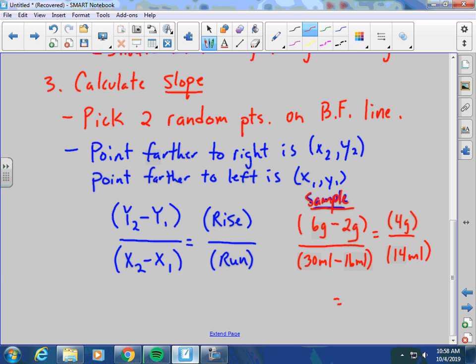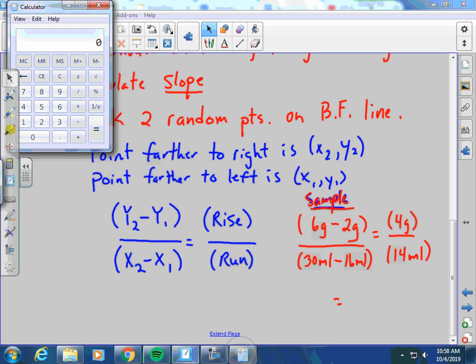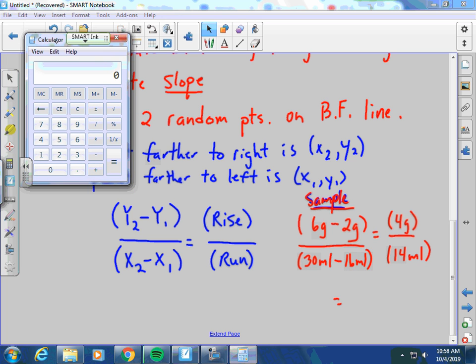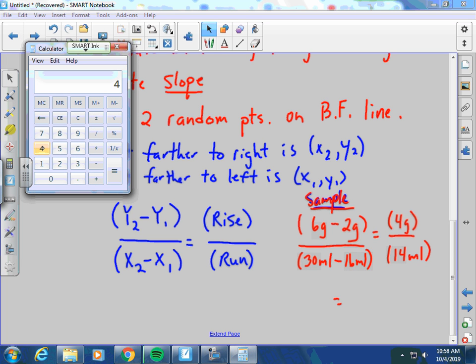So let's see, I've got a calculator on here somewhere. 4 divided by 14 equals 0.2857. I'm going to round off at maybe 2 decimal places, 0.29.